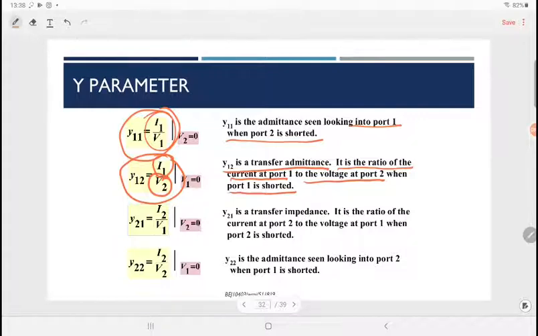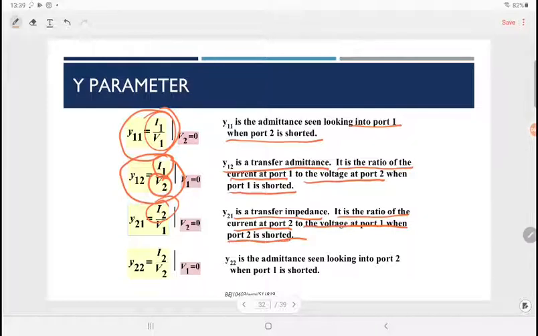This Y21 is considered as a transfer admittance, the ratio of the current at port 2, the output current, to the voltage at port 1 when port 2 is shorted, right?